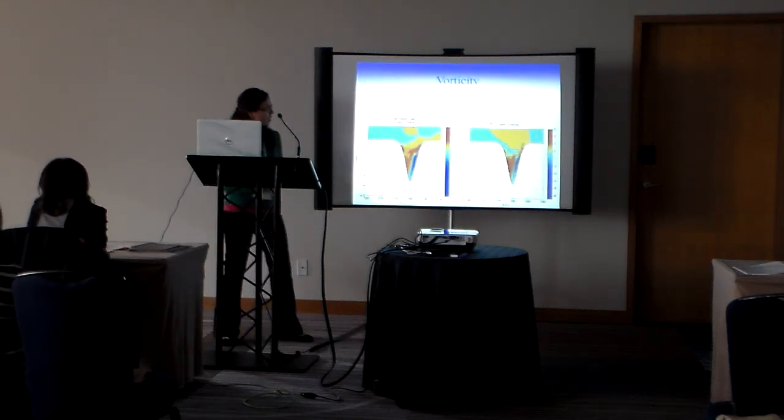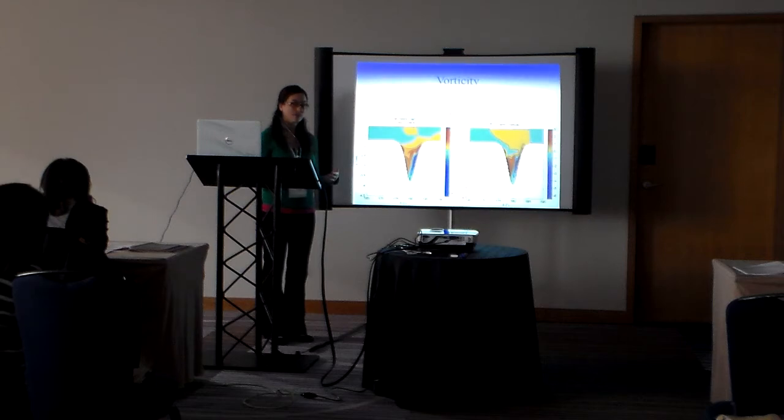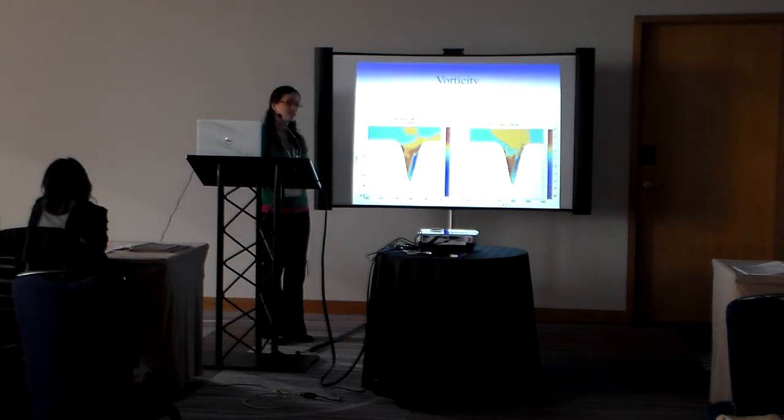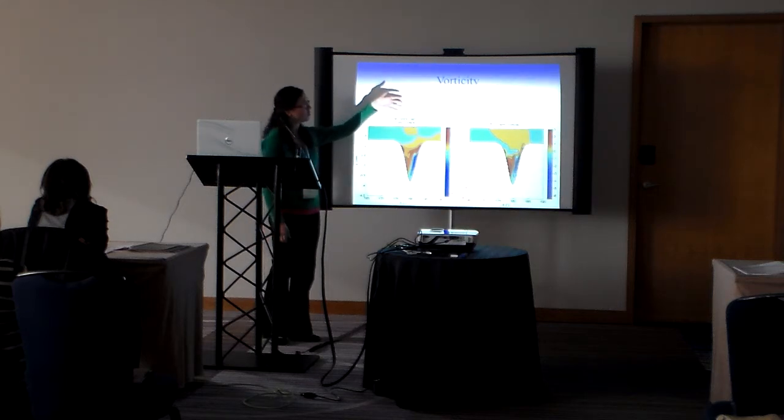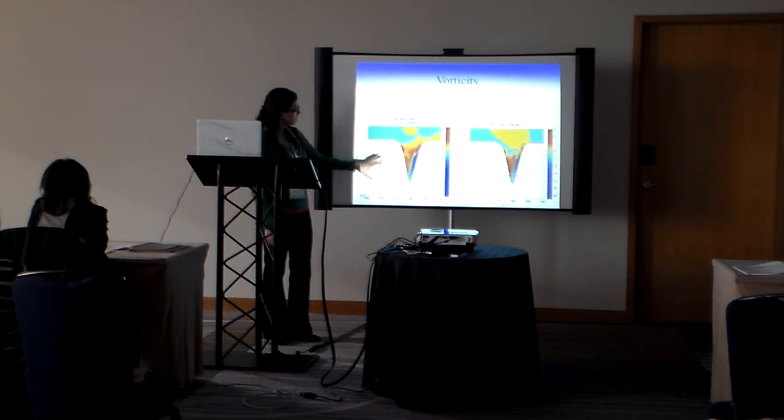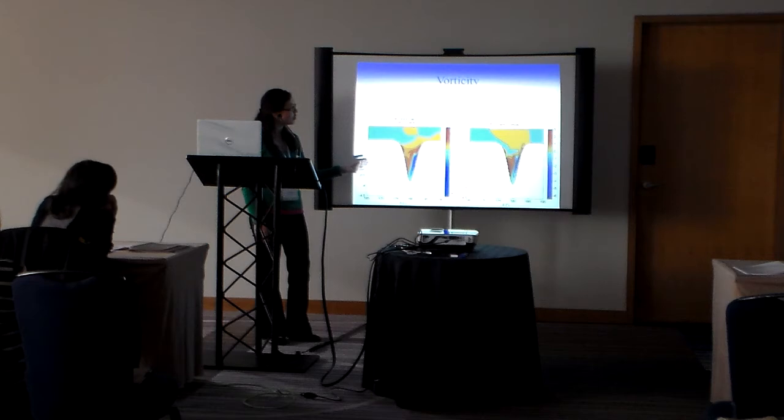And then for the vorticity, so the vorticity is just the curl of the velocity, and in particular we're just interested in the vertical component of that. So this is the expression for the vertical component of vorticity in cylindrical coordinates. So I plotted that on the right side here.